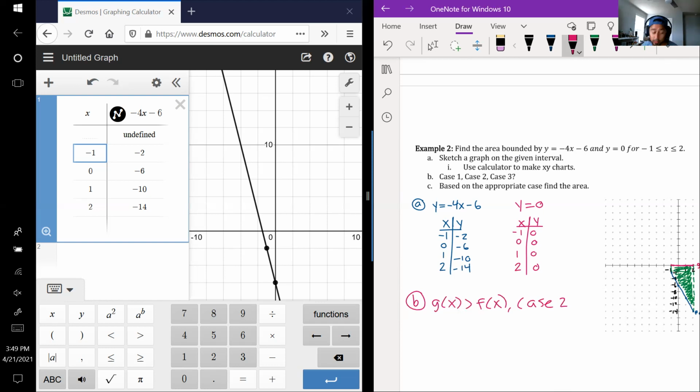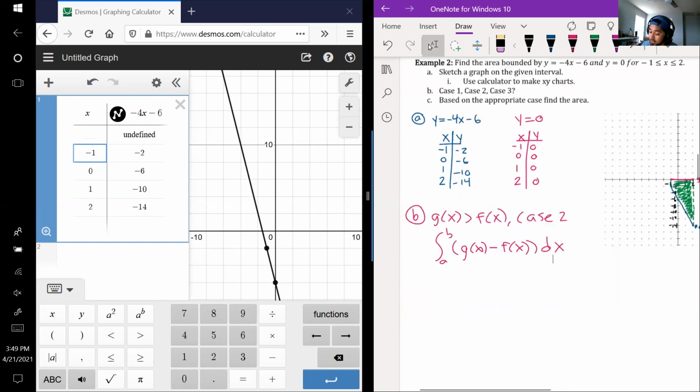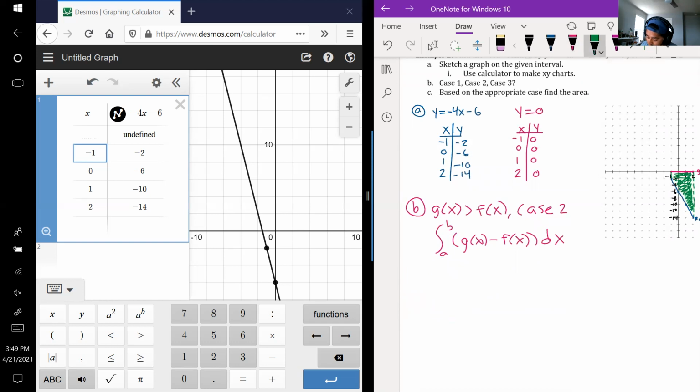The setup for that integral is the integral from a to b of g of x minus f of x dx. Okay, so we're all set. Let's go ahead and set up our integral.